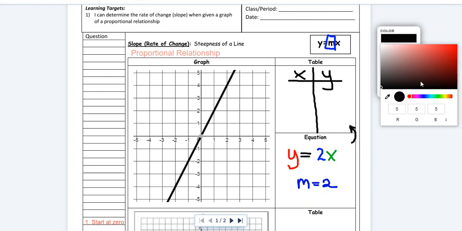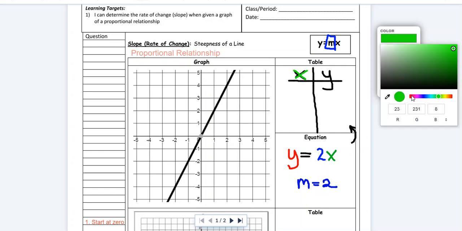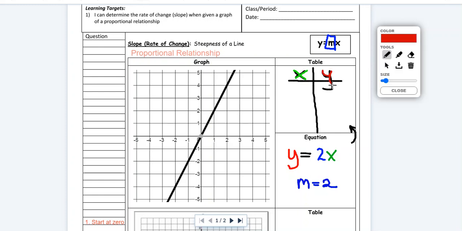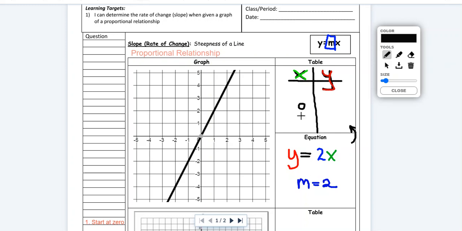Right now we have an x and we have y. And we know that y is going to be equal to 2 times whatever x is. Let's start with, and you can pick any number, I typically start with 0.